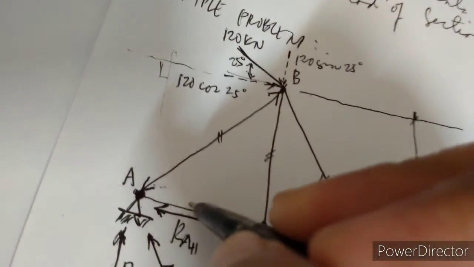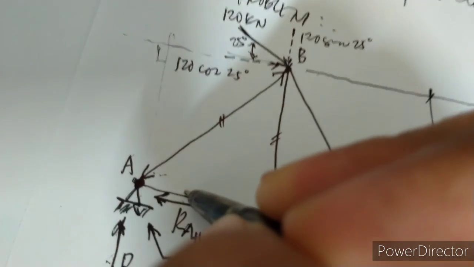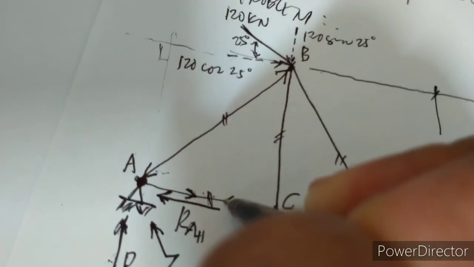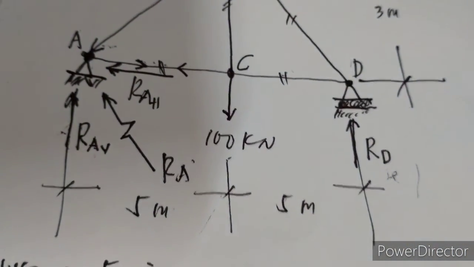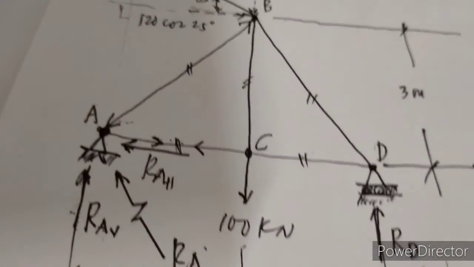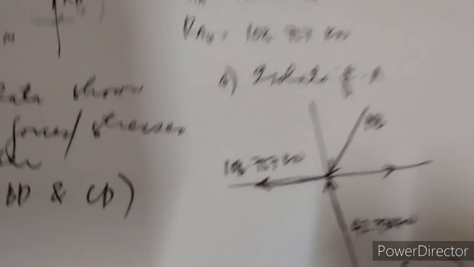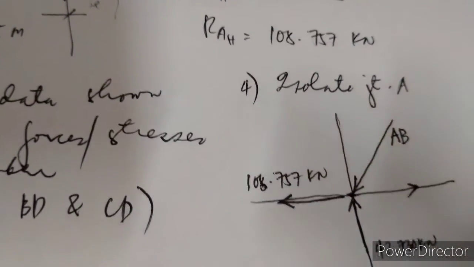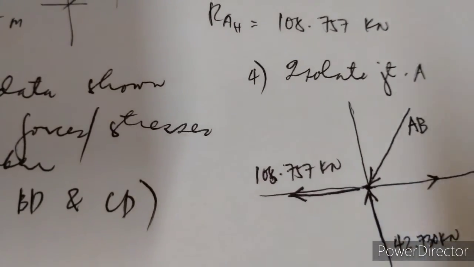It's just an assumption anyway. It's going to the left, so it is in tension. We can change the arrowhead later on, whether it will be going to the left or still going to the right.